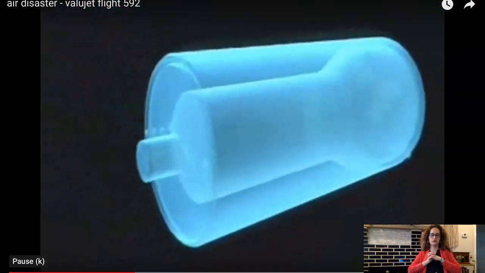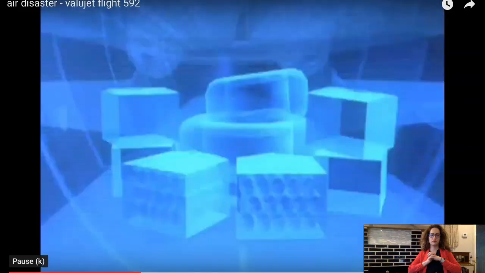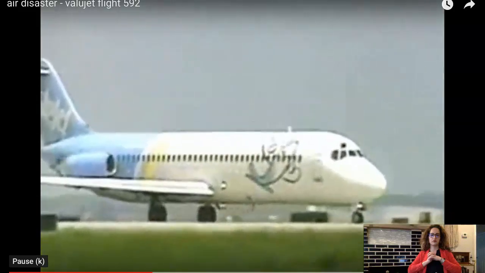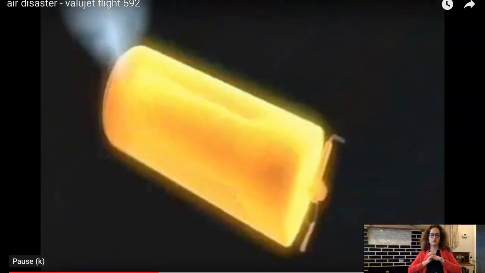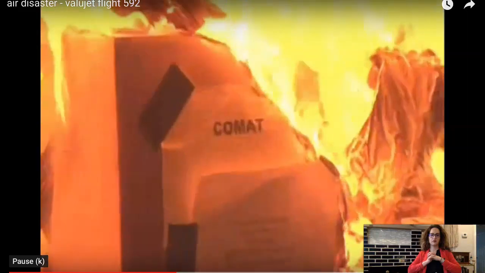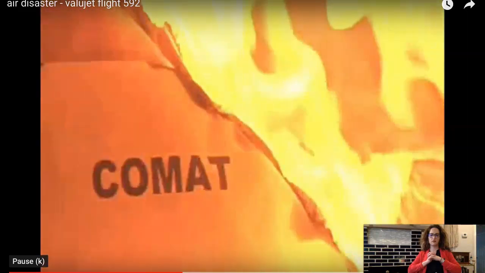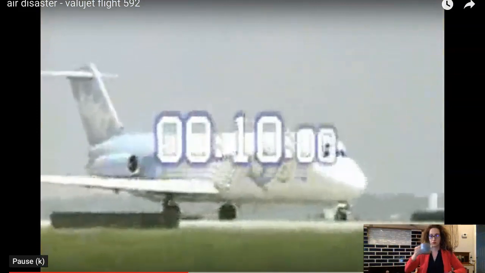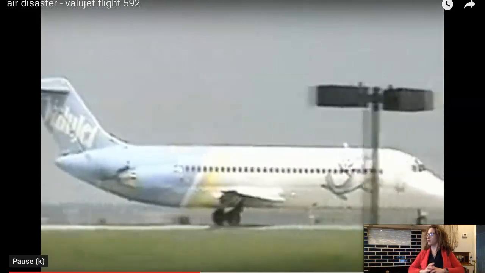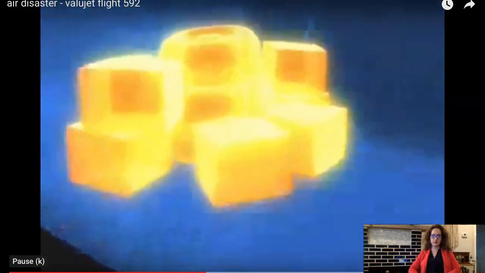It begins to heat up. 11 minutes to disaster. The plane taxis to its takeoff position. In the hold, the surface of the metal generator gets hotter and hotter. Soon the heat ignites the cardboard box and bubble wrap, and the blaze begins. 10 minutes to disaster. Flight 592 takes off from Miami International. Even though the hold is airtight, the fire is now blazing, sustained by the oxygen produced by the generators.